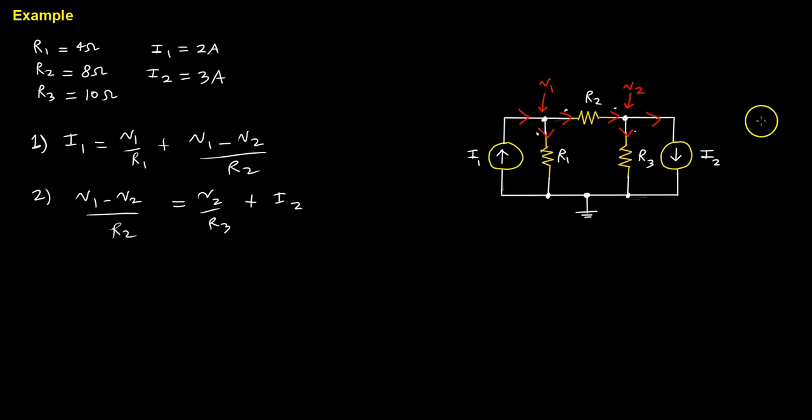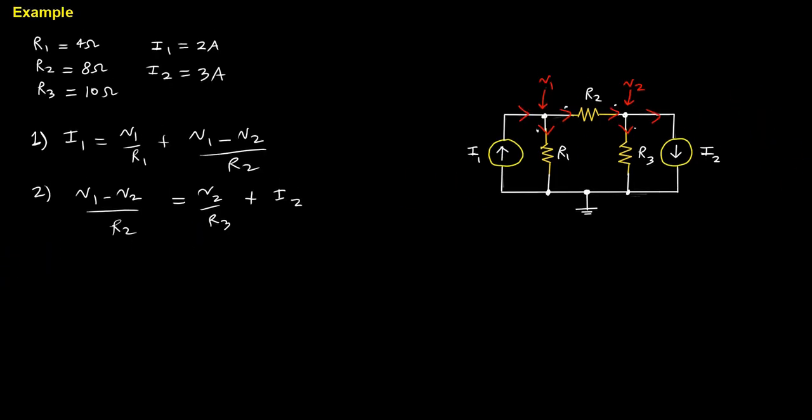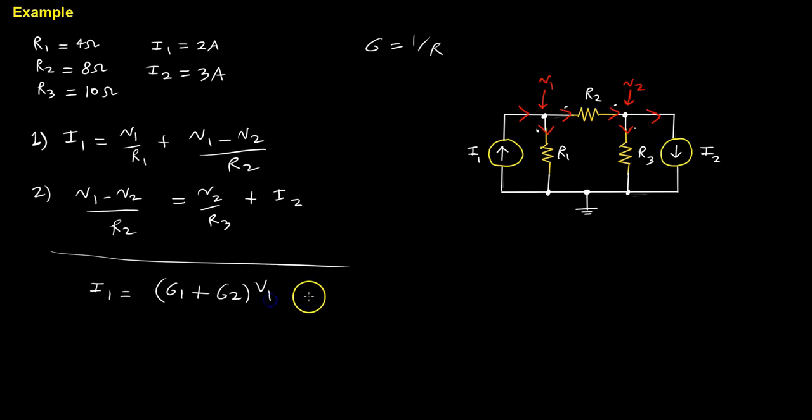So now we have to simplify the equations a bit to put them into matrix form. So I will again get the sources to one side and factorize the coefficients. I'll also use the conductance relationship to make it easier. So that's going to be G1 plus G2 times V1 plus minus G2 times V2.